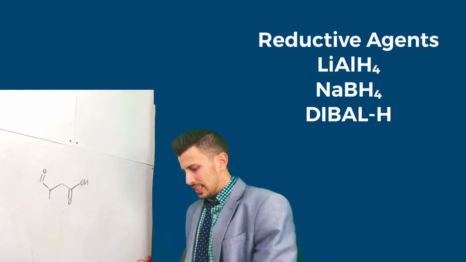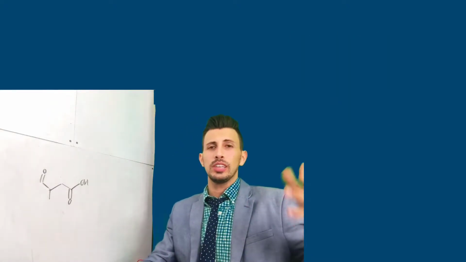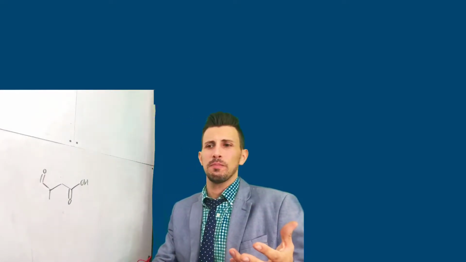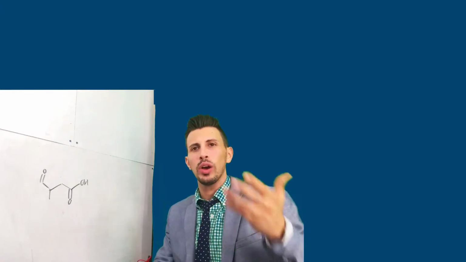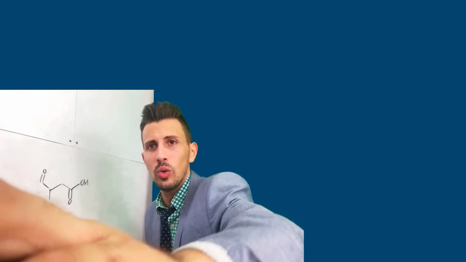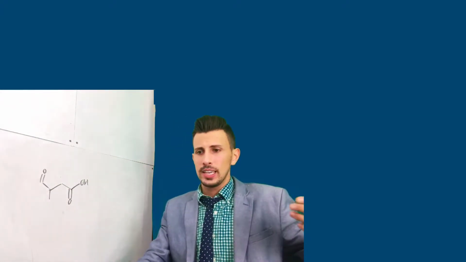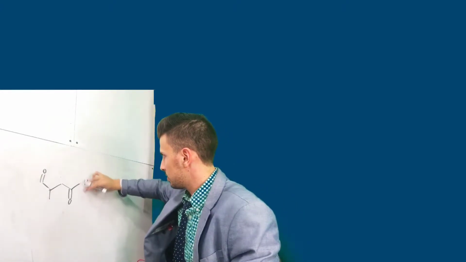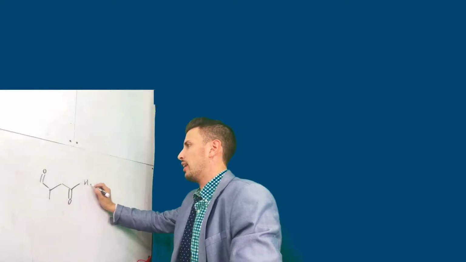In that it's a selective reductant, the same way that pyridinium chlorochromate was, except that with diisopropylaluminum hydride, you're only going to add one hydrogen. And so as a result, the carboxylic acid, upon reacting with DIBAL, would give you an aldehyde.